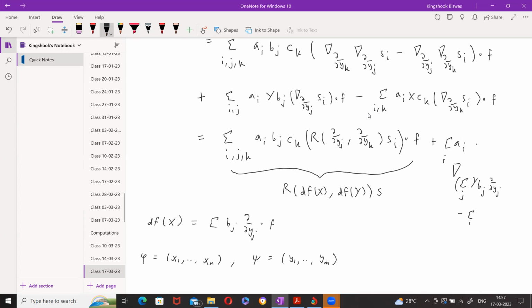Minus sum over k x ck del del yk, right? By linearity of the connection in the first argument, I can put these functions inside. This y bj I can put inside with the del del yj. So I get sum over j y bj del del yj minus sum over k x ck del del yk, right?